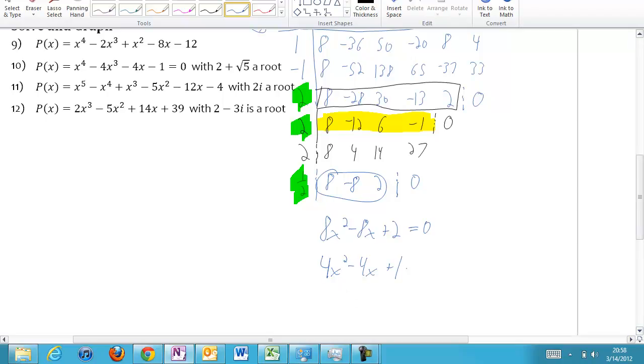And that looks to be a perfect square trinomial. That's 2x minus 1 squared equal to 0. So x is equal to 1/2 twice, meaning multiplicity of 2, or a double root, but this is actually a triple root because we already had it up here as well. And then 1/2 is a triple root.